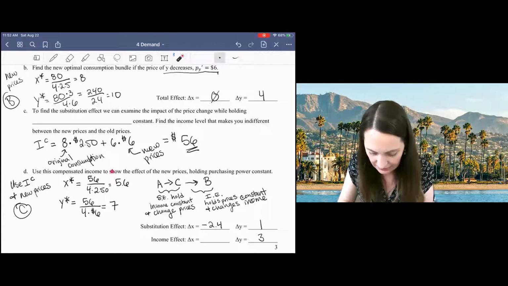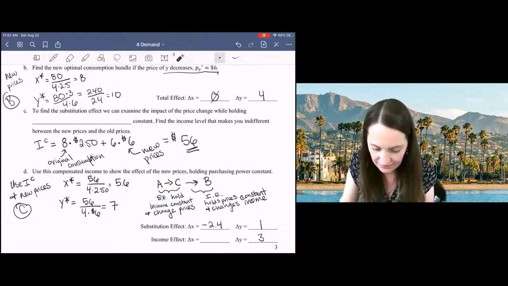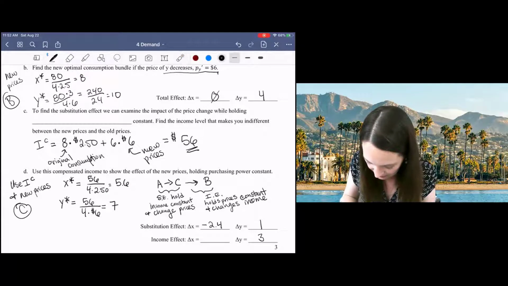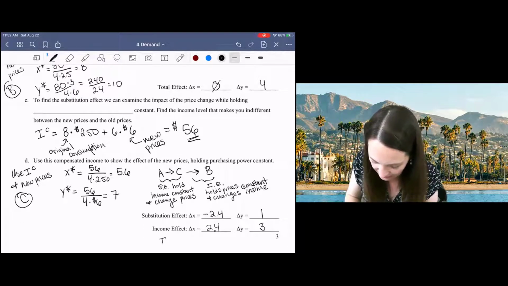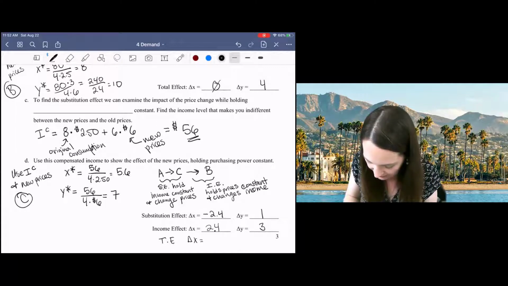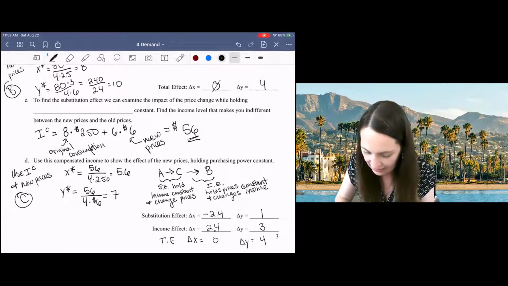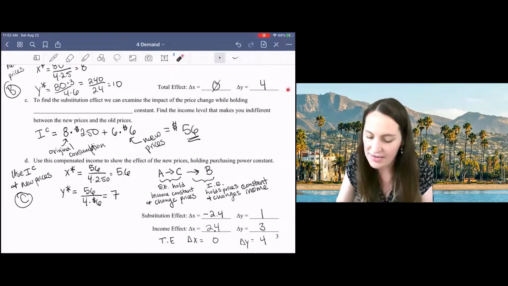X increases back to 8, so that's positive 2.4. And if I sum these all together, you can see the total effect is 0 for X and 4 for Y, the same as what we calculated in the first place.